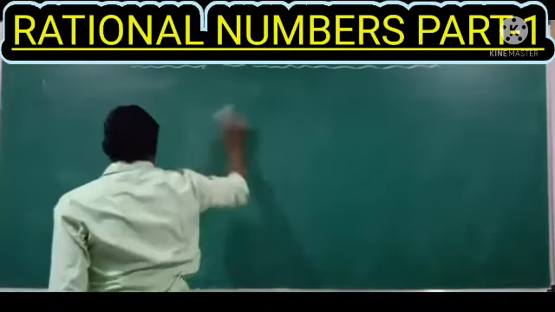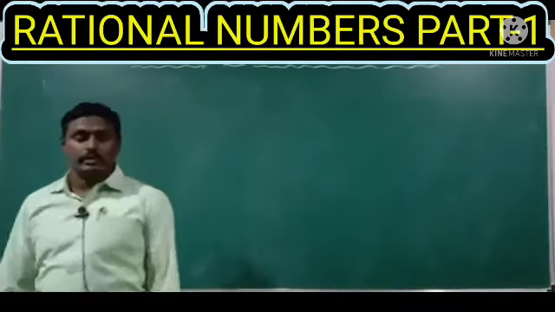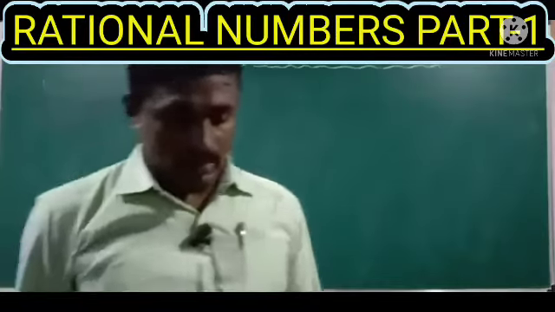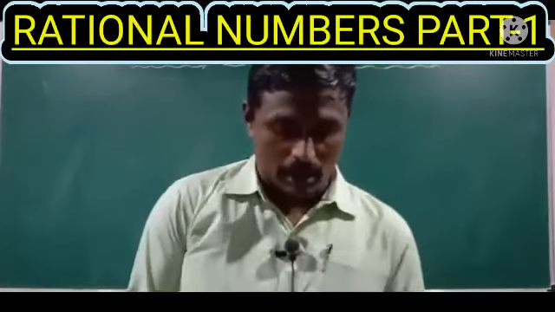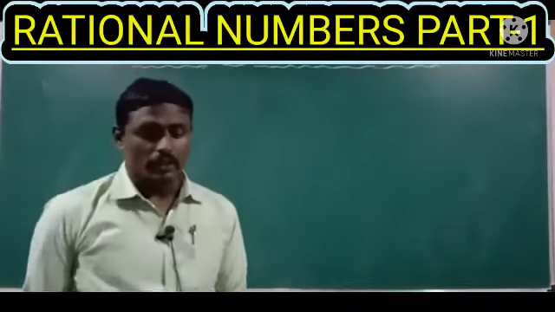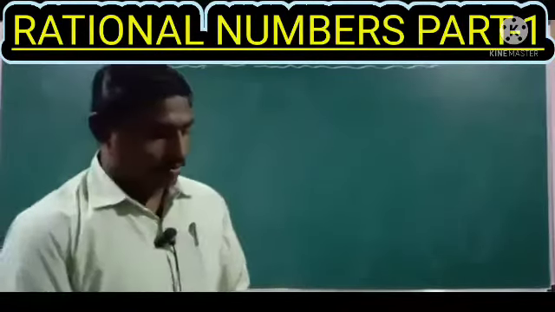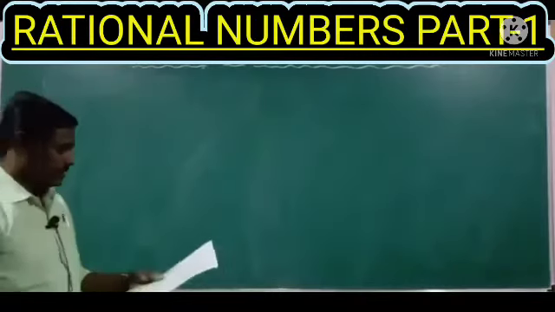Now we move to the next concept, that is, writing rational numbers between any two rational numbers. We are writing the rational numbers between any two rational numbers.